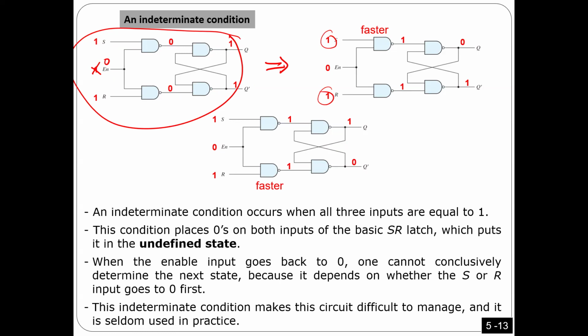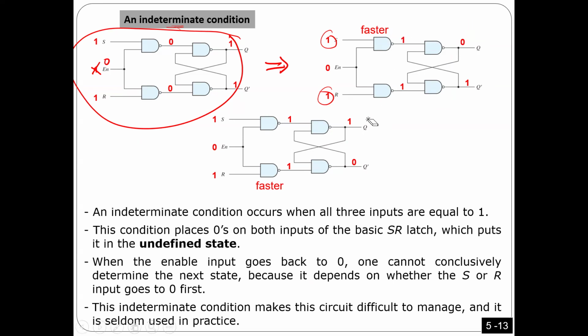What's gonna happen here? The output is indeterminate. The output can be 0 or can be 1. Why is it indeterminate? Because it depends on which gate is faster than the other one. Let's explain.